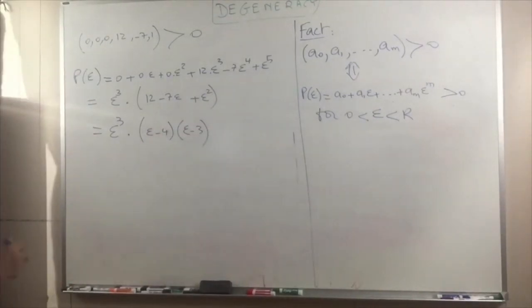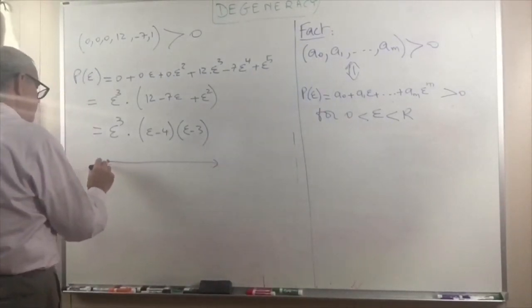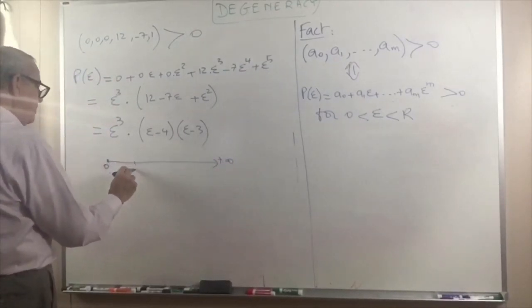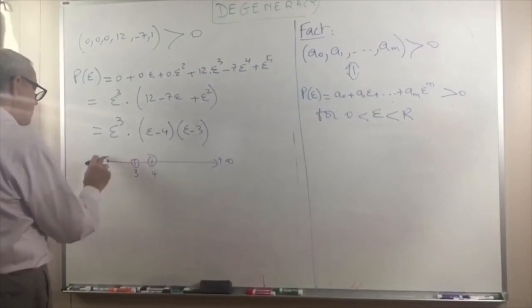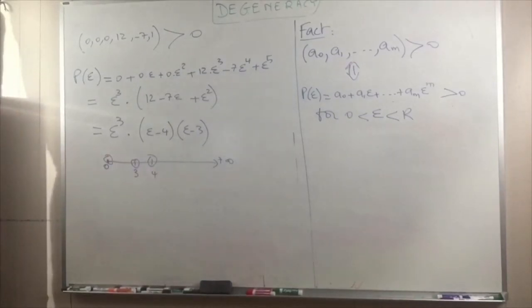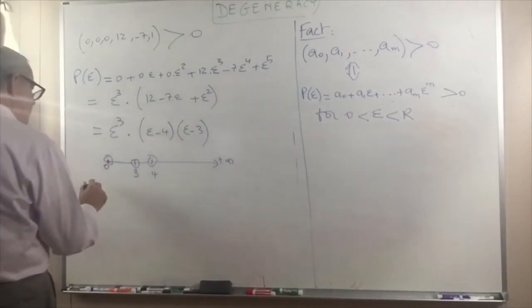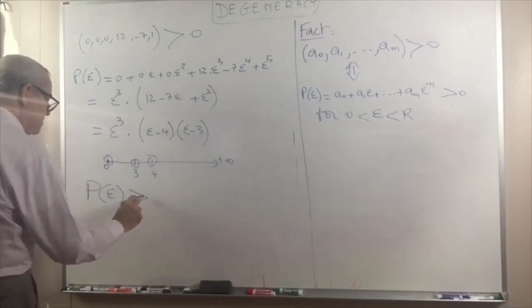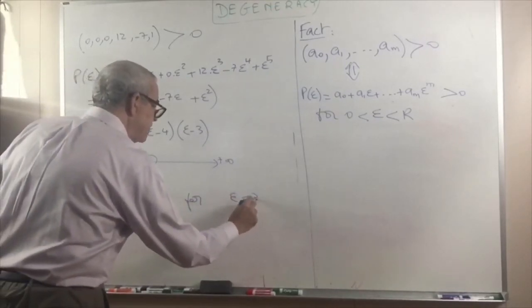So if I draw the line, that's 0, this is plus infinity, then here I have 3, and here I have 4. So the roots of the polynomial are over here. This polynomial has roots at 0, at 4, and 3. Now, my polynomial of epsilon is bigger than 0 for epsilon less than 3 and bigger than 0.